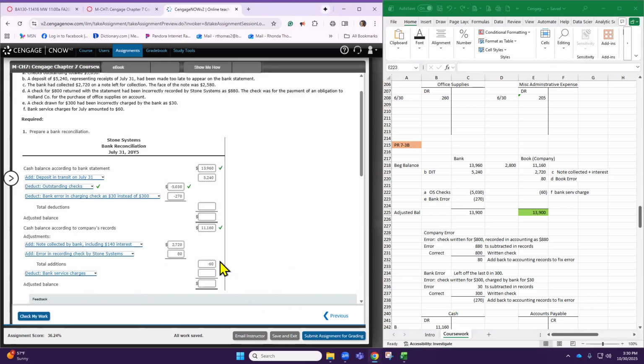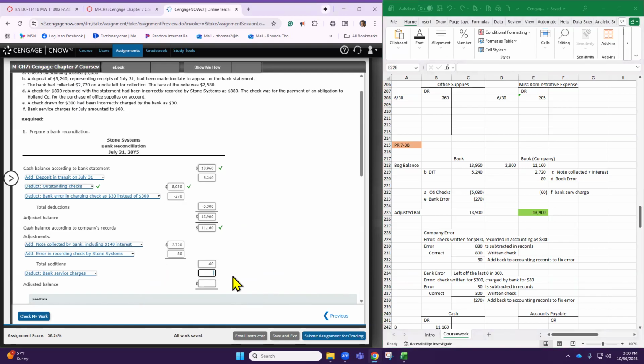All right, so then we have a total of our outstanding deducts. Our deducts total $5,300. So let's put 5,300. So we're going to add, there's an adjustment, there's an addition, and then there's a deduction. So the new adjusted balance should be $13,900 because that's what it shows here.